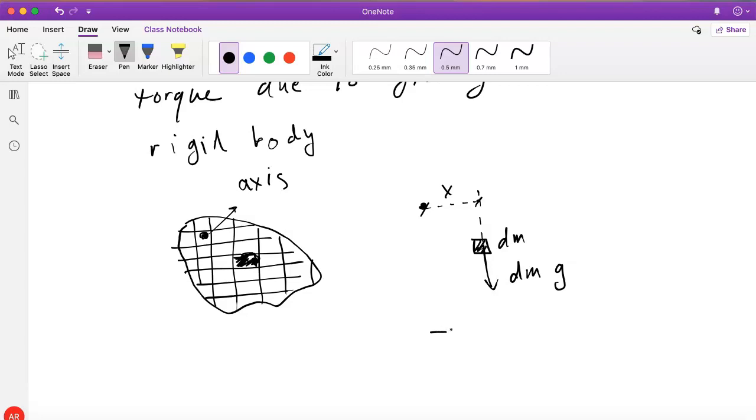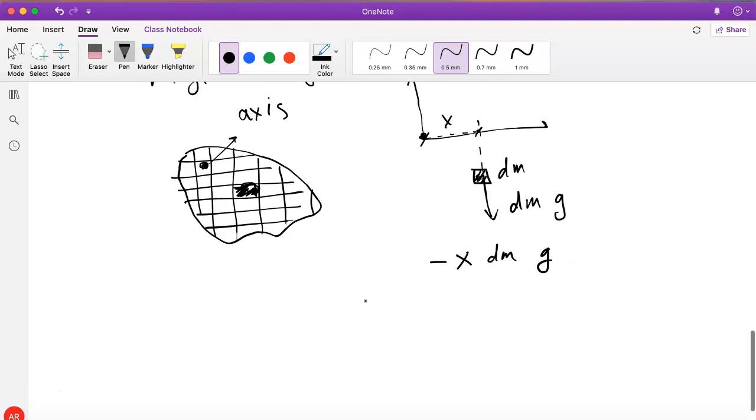It's going to be minus x dm g. Now, imagine we put a coordinate system like here. That's really the x component of the position of that little piece. So let's call that d tau.